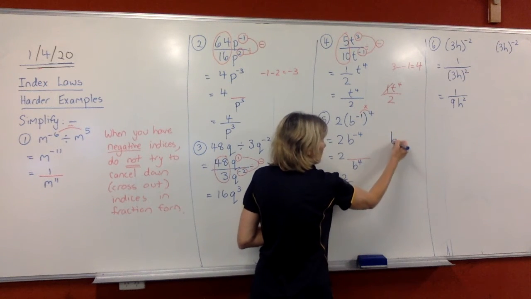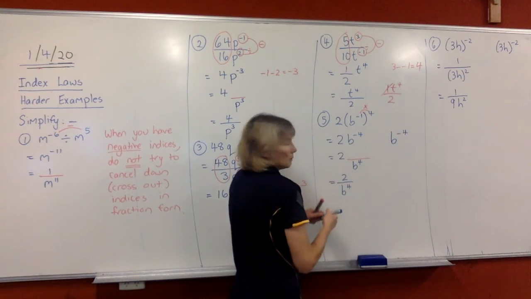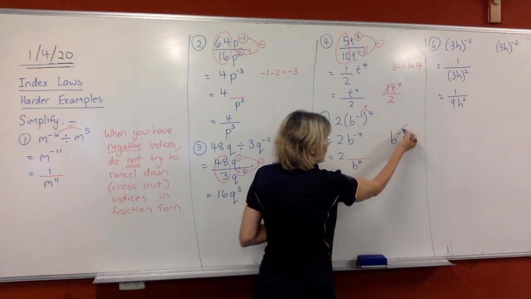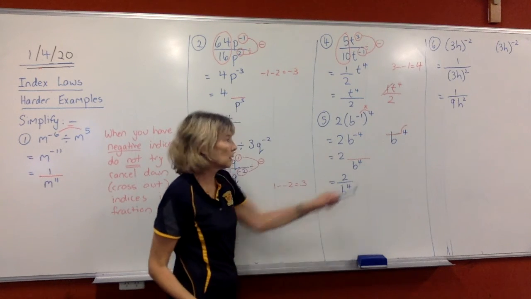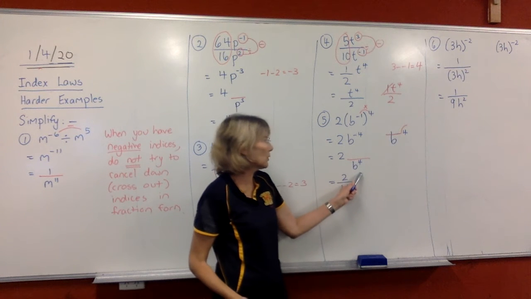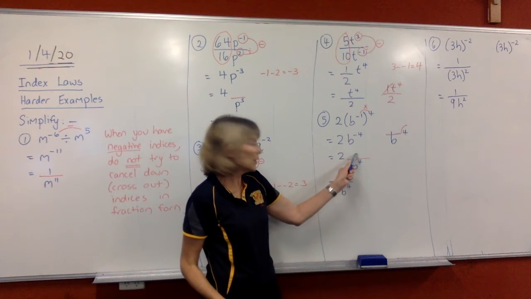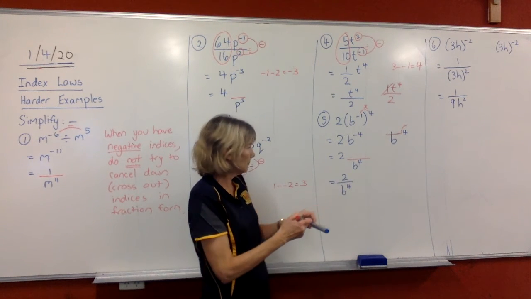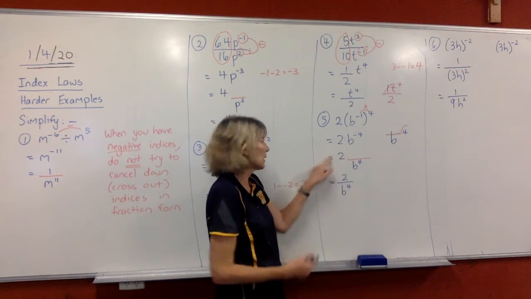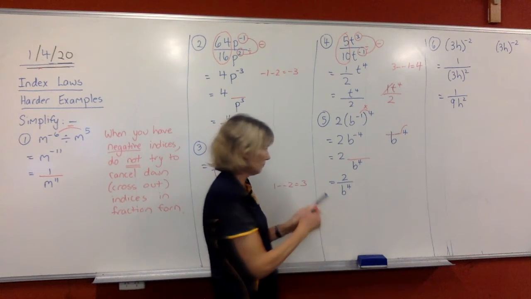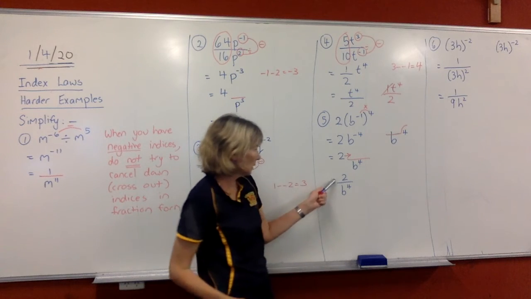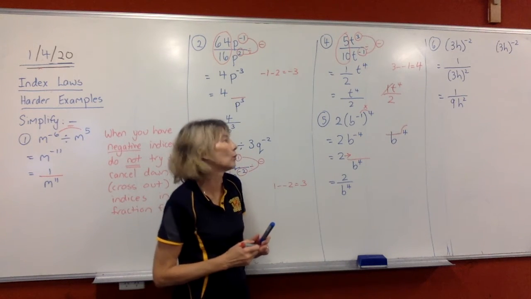So I'll just remind you, I'll put it over here. Turn the minus into a fraction bar. The b to the 4 falls below the line. We don't need to write a 1 up the top here yet, because when we push these together, the 2 is going to slide over there. So it's going to push into there. And that's your answer, 2 over b to the 4.